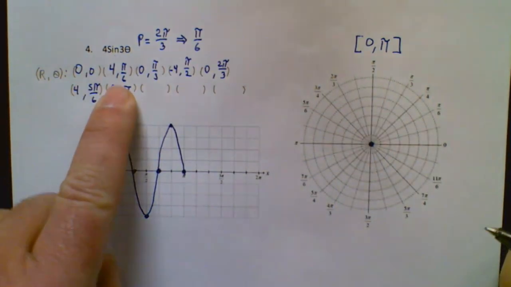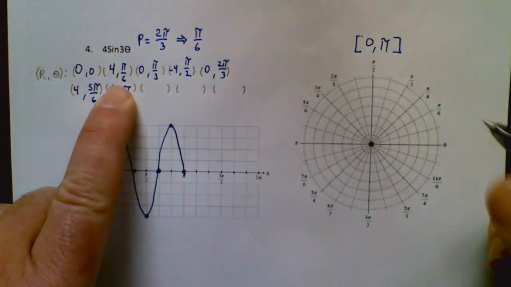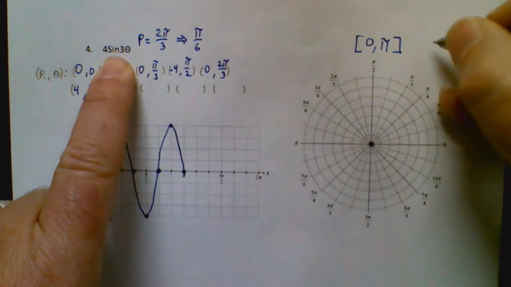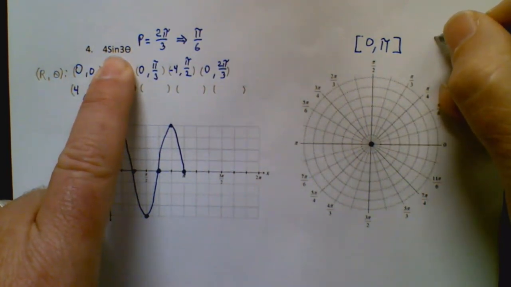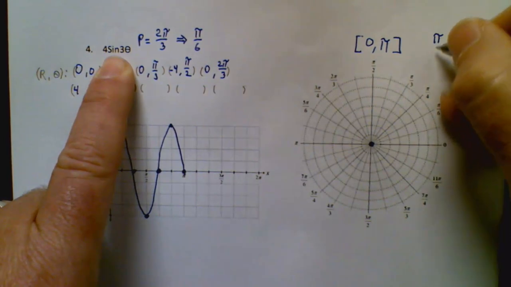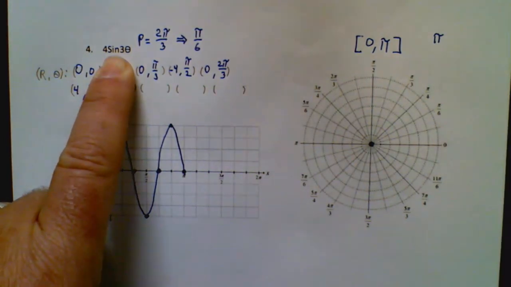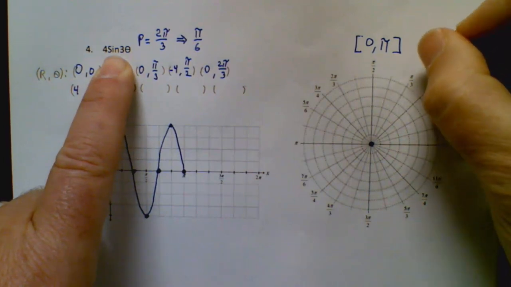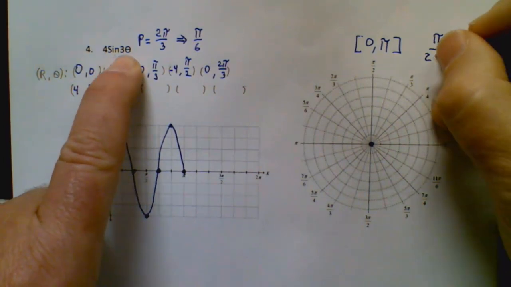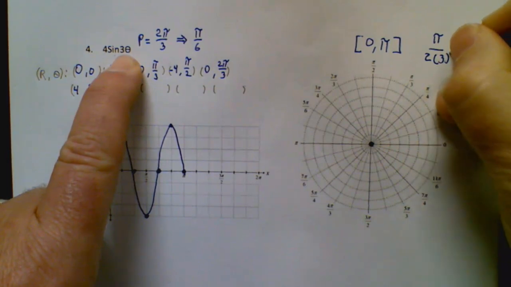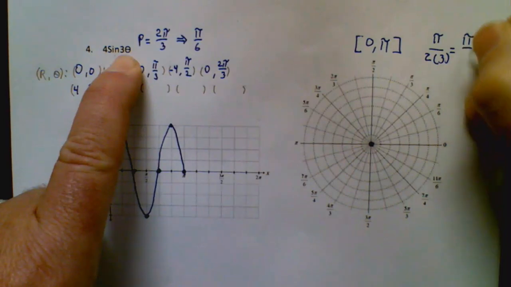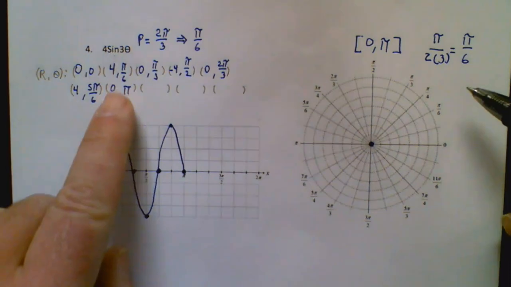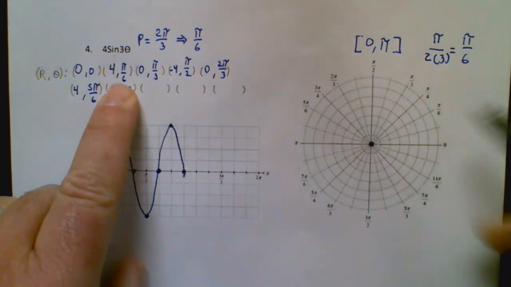So how would we know that this occurred at pi over 6? Remember, when you talk about a rose, for the sine graph, we said there's a little formula. If you did pi over 2n, that's n, that tells you where the first petal will occur, right? So at pi over 6, I'm getting the first petal.